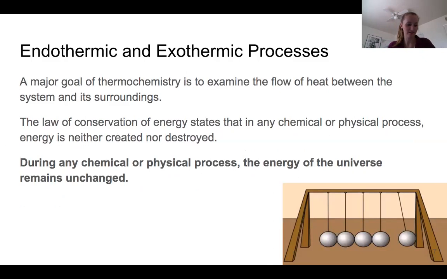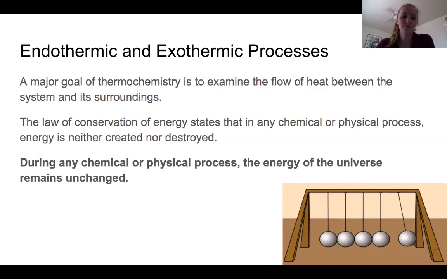Numbers 14 through 16. So why we care about thermochemistry is because we want to examine how heat is flowing between the system, remember that's what we're focusing on, and its surroundings. So all the things that can influence the system, okay?